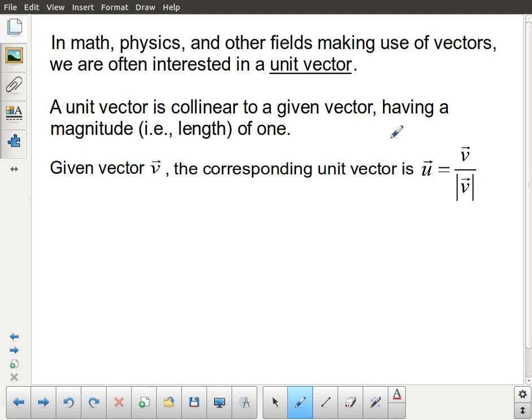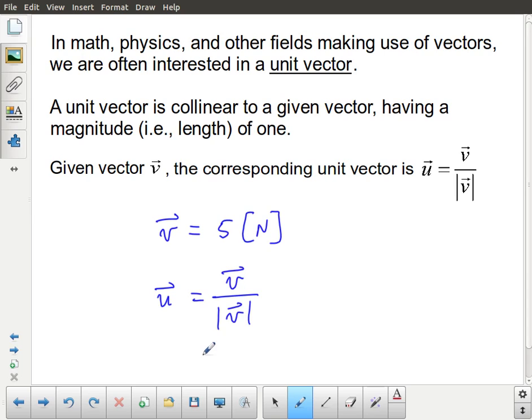If we need to create a unit vector, we start with any original vector, and we create a new vector where we take the original vector and divide by the magnitude of the original vector. So for example, if I had a vector v, which was 5 north, then I could make a unit vector equal to v over the magnitude of v.